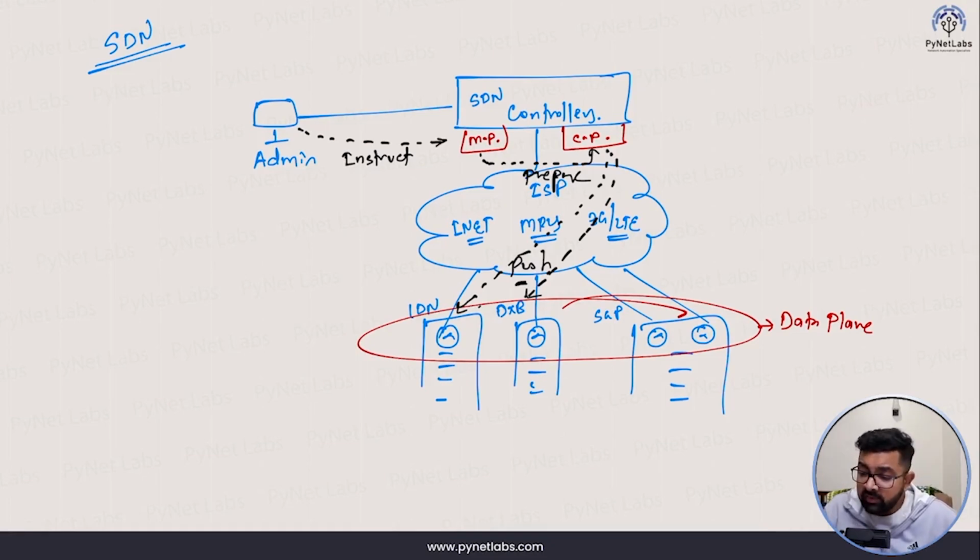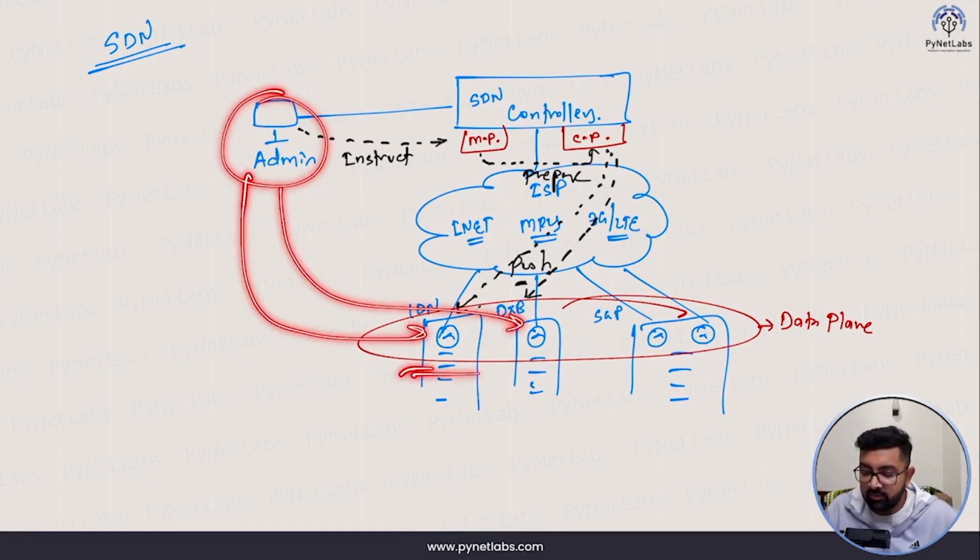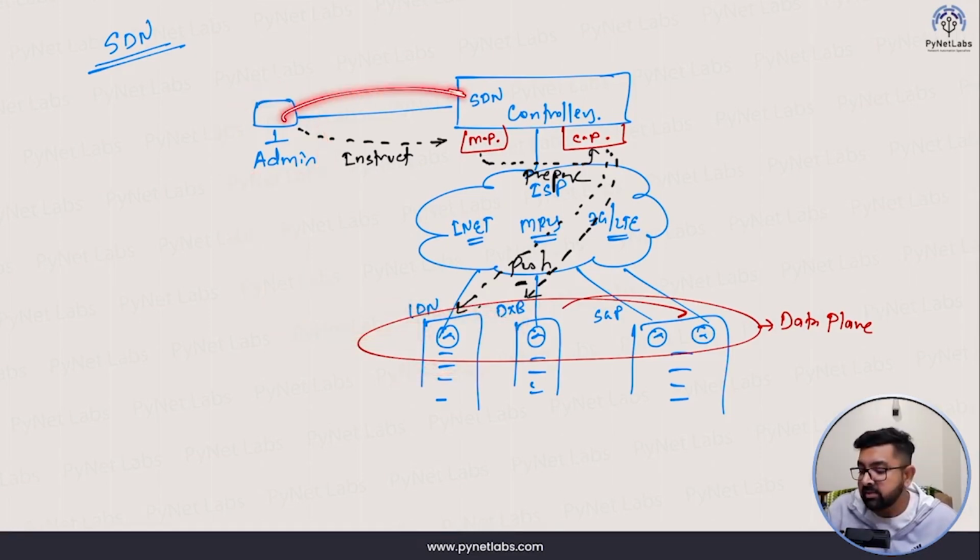So all of this communication earlier was directly between the admin machine and the infrastructure devices, but now everything is via the controllers, and that's the SDN way. Doing this, you do not have to go on individual devices and push the configuration. You do not have to verify that the configuration is correct. If there is anything wrong, the controller will say that this is not a good value, please use a correct value before your configuration is pushed.